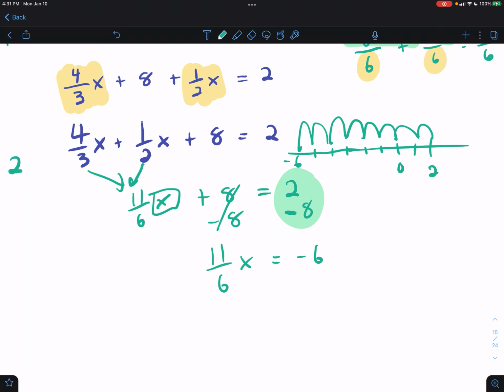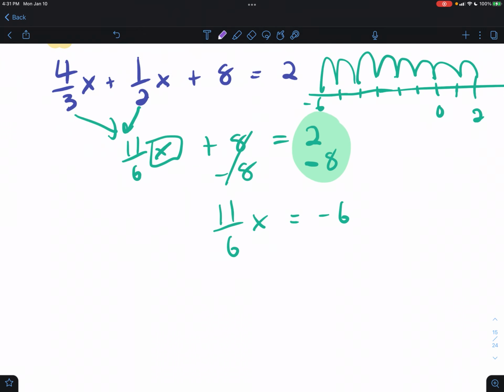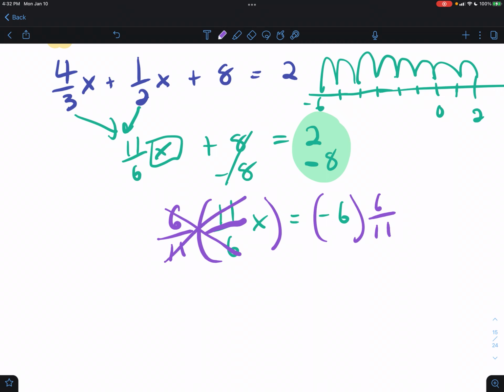Okay, and then finally you're like, but Mrs. Zenos, that's a fraction. What do I do? It's fine. To get rid of fractions, we've talked about how you can multiply by the reciprocal on both sides. This will cancel out the 6 and the 11, leaving us with just x.